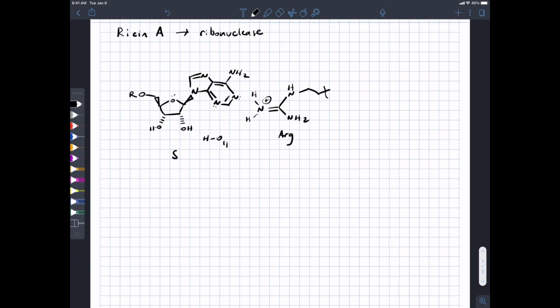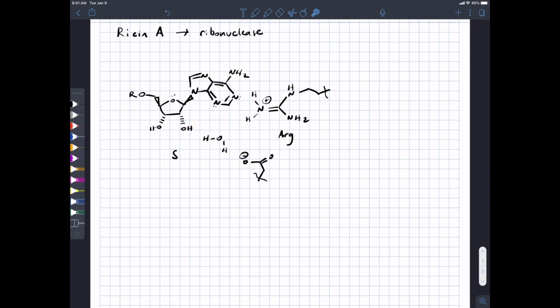So what happens is there's a water molecule held in the active site, and there's glutamate, carboxylic acid. Now I'm showing you in the active site the enzyme substrate complex, all right? Binding of the nucleotide.